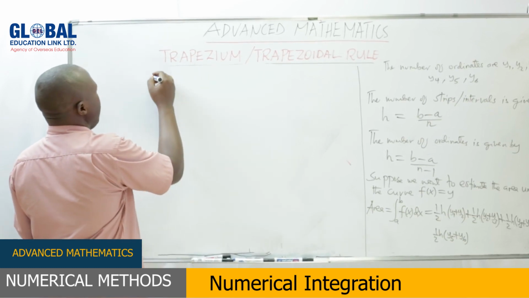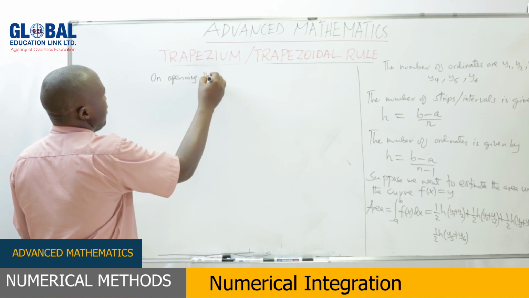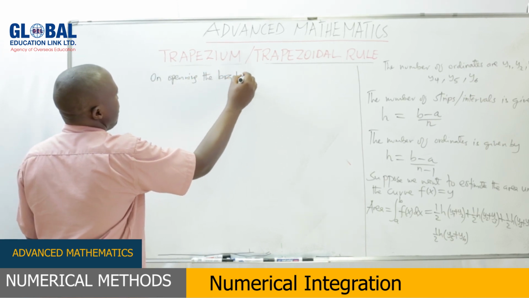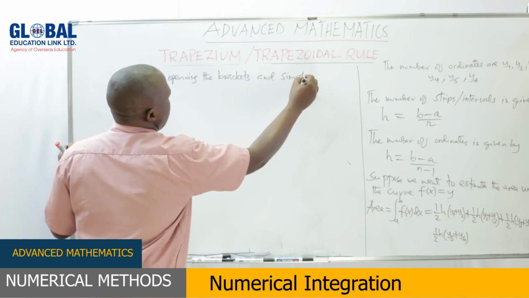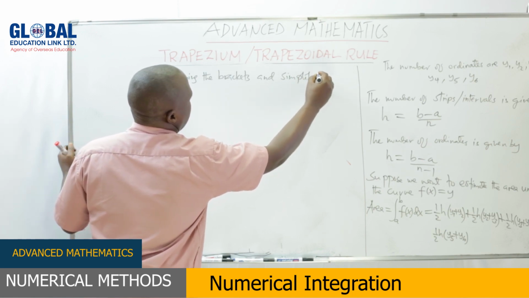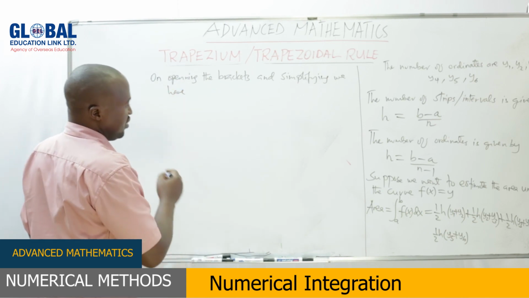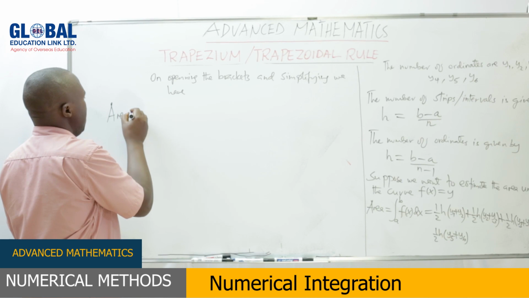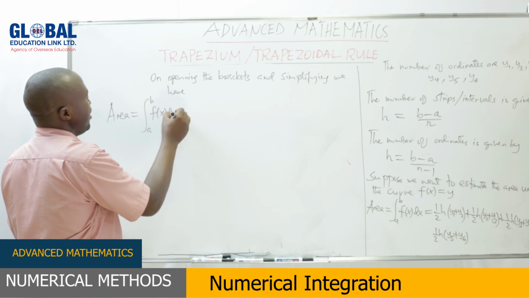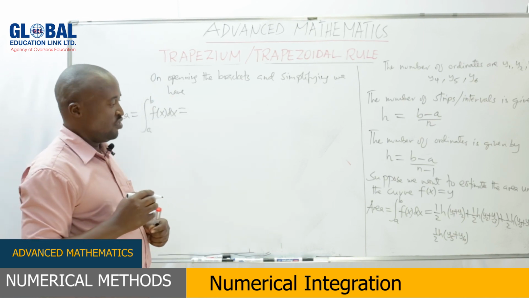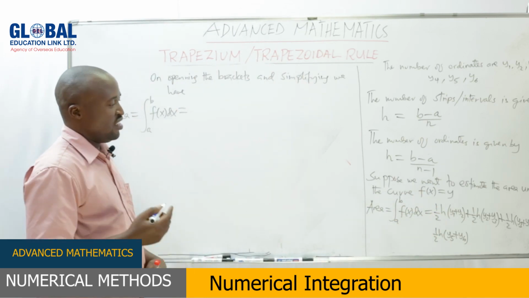So on opening the brackets and simplifying, we have area is equal to the integral from a to b f of x dx is equal to 1 over 2h, which is common to all items.